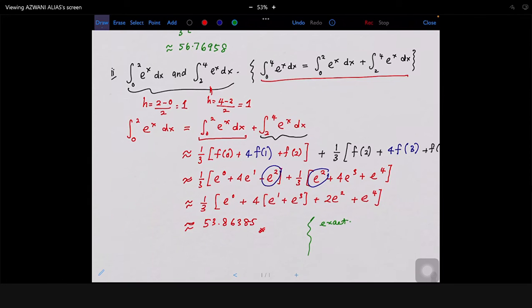Nak tengok mana lagi hampir. So for e^x dx, as a solution you akan dapat integrate e^x, you akan dapat e^x, right? Substitute whereas the value of 0 and 4, so you akan dapat e^4 minus e^0. Tak apa.